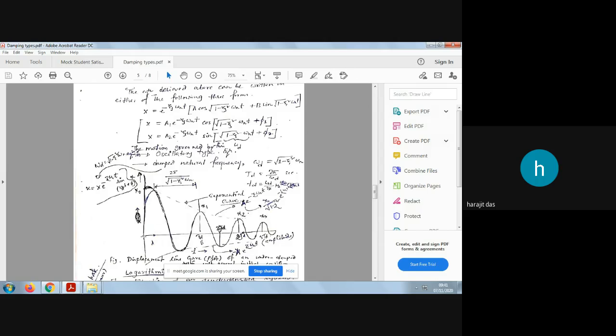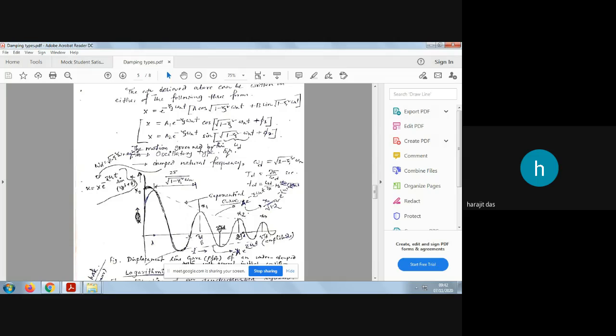So here for this locus, you will get one time period on this time axis. Let's say from here to here, if you take the time duration, this will be the time period, but this is not exactly equal to that in the undamped free vibration.